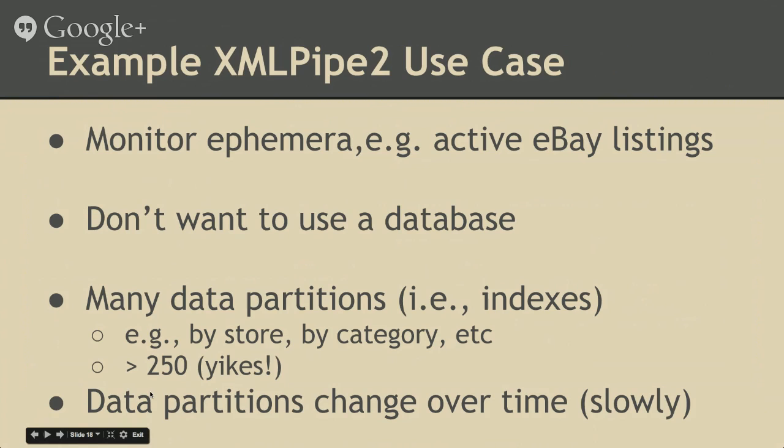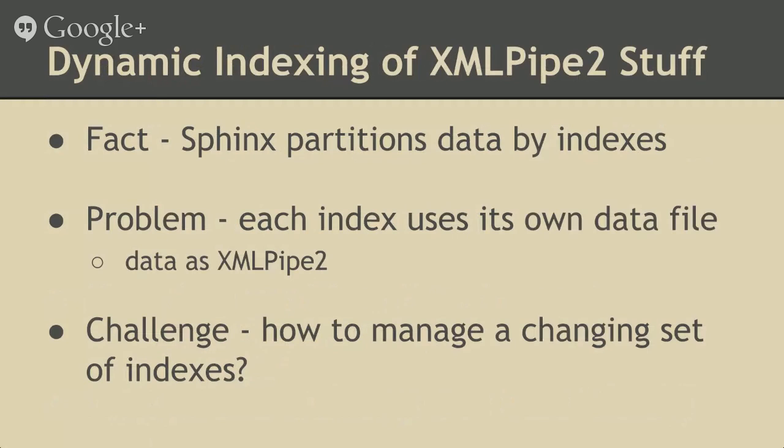These data partitions do change slowly over time, because I track stores, specific searches, and specific categories. Sometimes categories go away, sometimes stores go away. So, like I said, it's a giant pain in the butt to maintain a static configuration file for this.